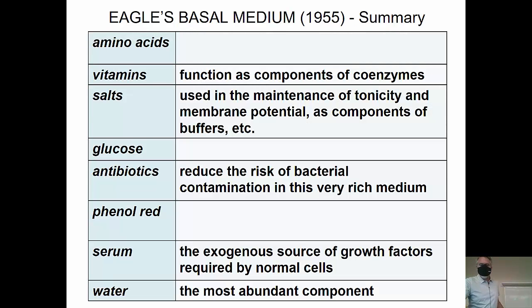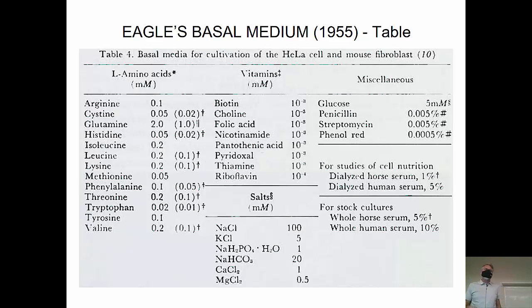This is kind of like a summary of it, but I'm going to work from this one looking through the actual components. And so this was called Eagle's basal media. And the first thing that is provided is a number of amino acids.